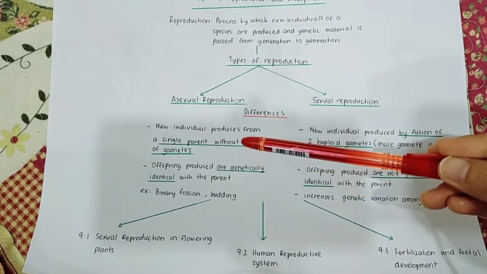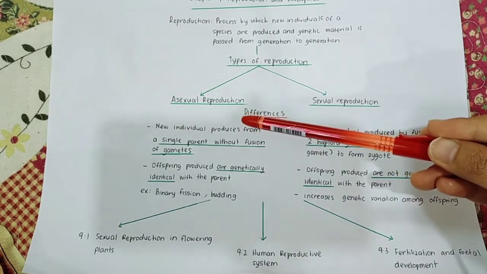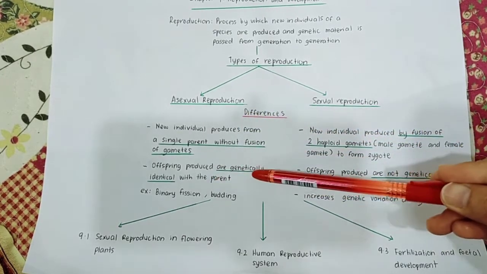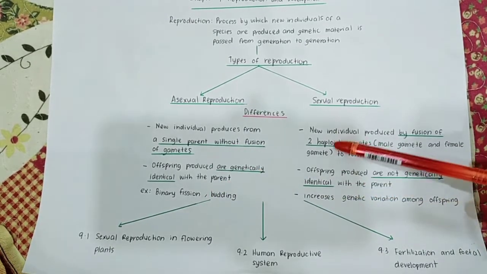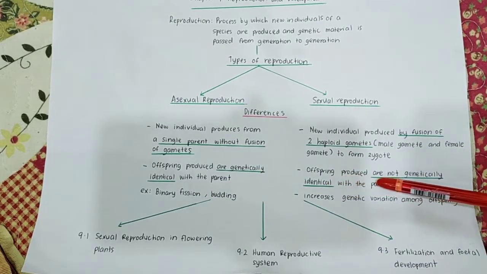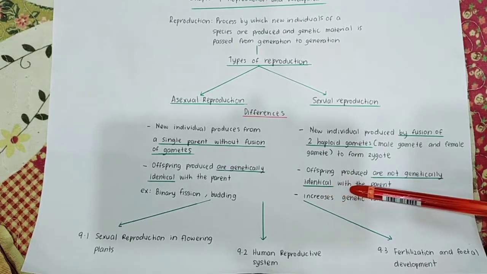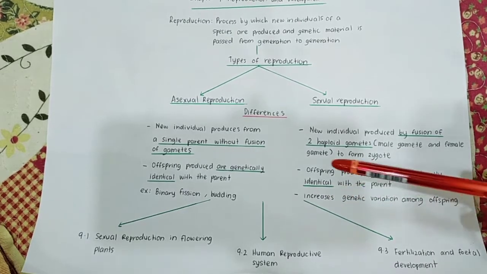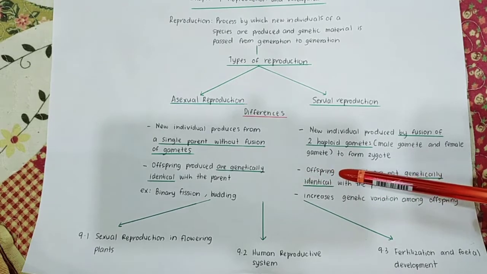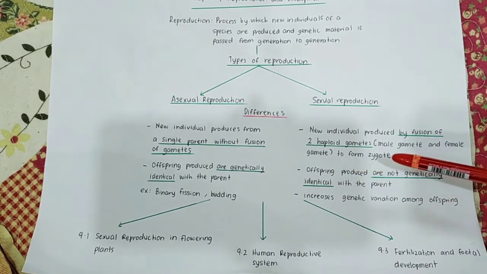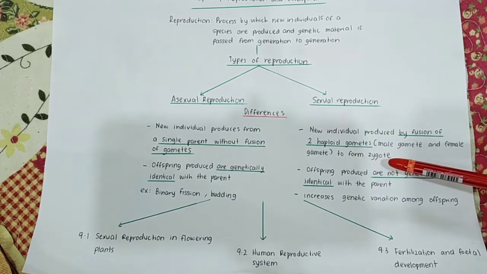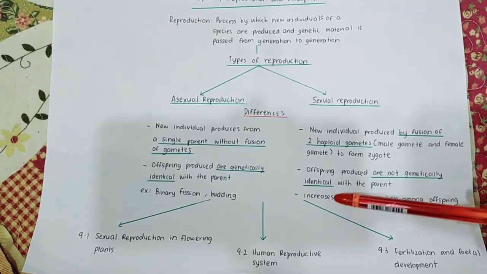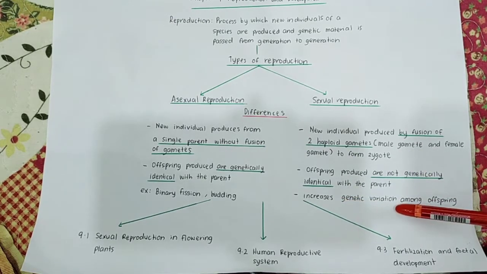And then the second difference: for asexual reproduction, offspring produced are genetically identical with the parent. While for sexual reproduction, offspring produced are not genetically identical with the parent. So kalau kita tengok for sexual reproduction, since it will involve fusion between two haploid gametes, maksudnya gametes yang datang daripada father and also the mother, it will increase the genetic variation among offspring.